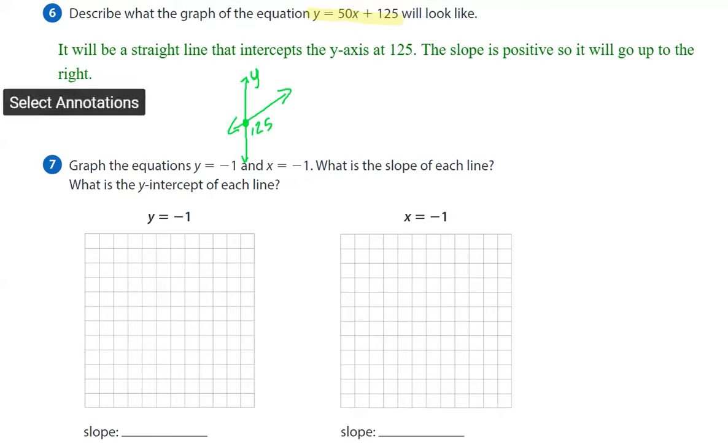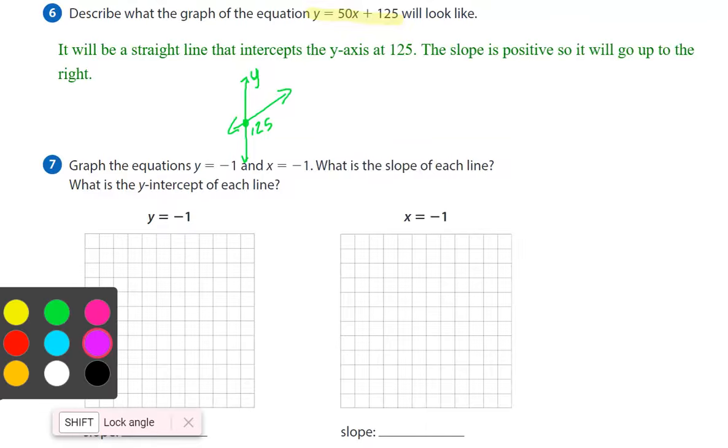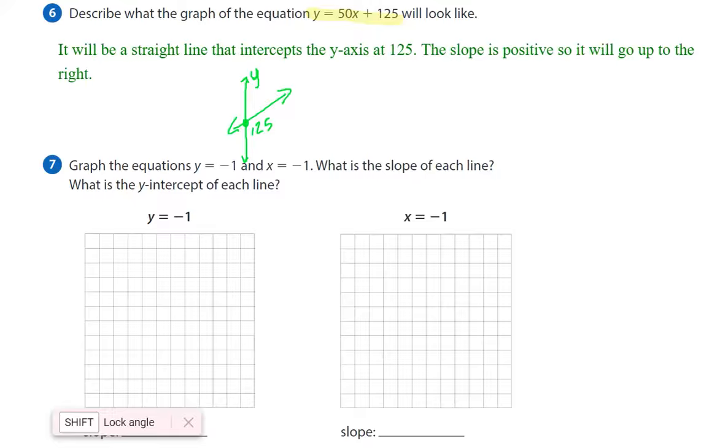y equals -1 and x equals -1. What is the slope of each line? What is the y-intercept for each line? Okay. It didn't give us much to work with here. Let's get out our line tool and make for ourselves just a couple. Let's make the axes kind of just wherever you want.